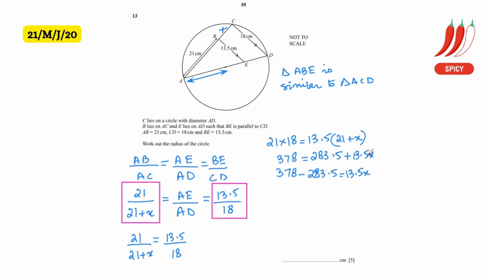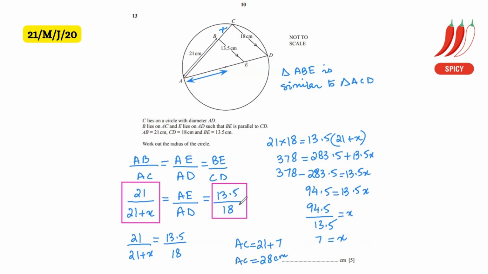So 378 minus 283.5, 94.5 equals 13.5x. Divide this by 13.5. And that gives us the value of 7. So BC is 7, which means AC is going to be 21 plus 7, which is 28 centimeters.